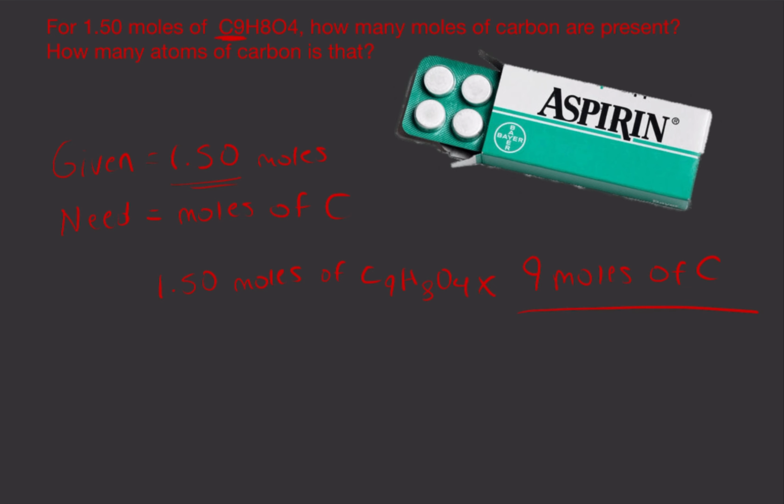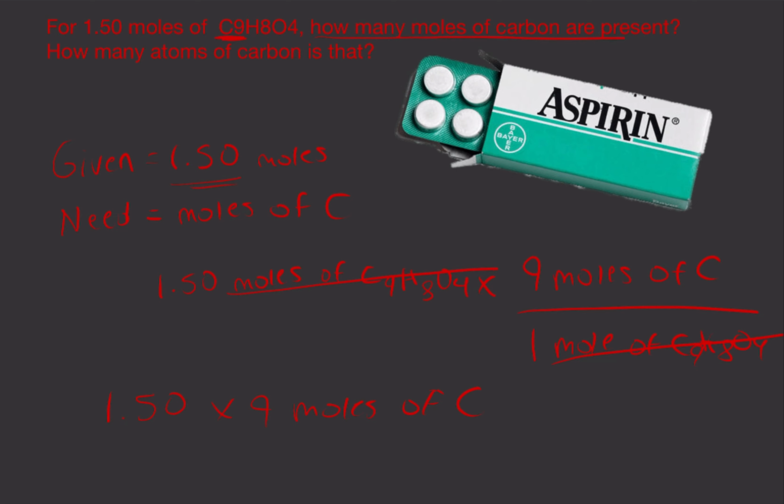So at the bottom, we'll just write 1 mole of C9H8O4, right? And just like the other problem, we can cancel this out, and what do we have left? The 1.50 times 9 moles of carbon, right? Because again, we're trying to look for the moles of carbon.